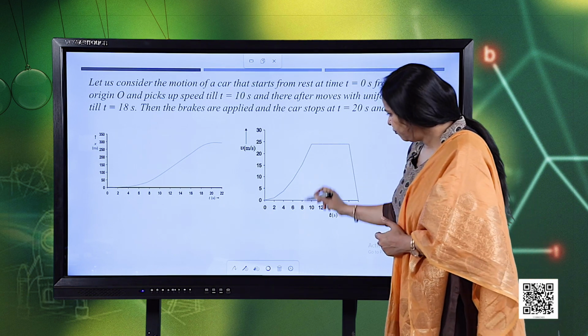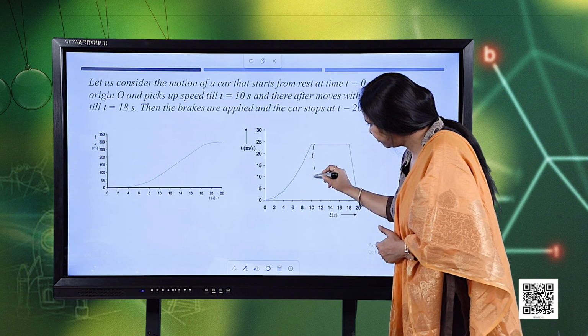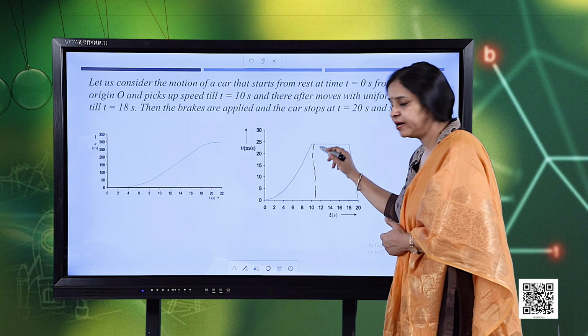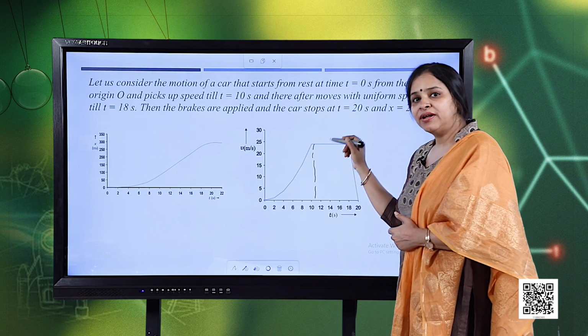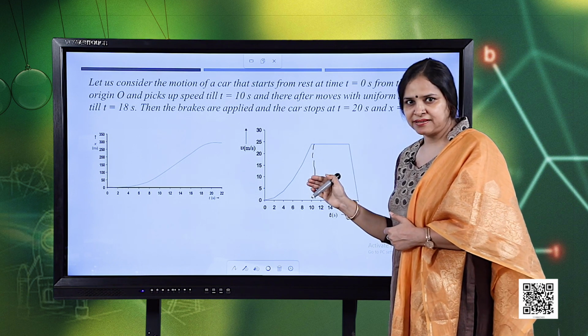Look at this region between 0 and 10 seconds, just pay attention. This curve represents that the velocity is not increasing at a uniform rate.